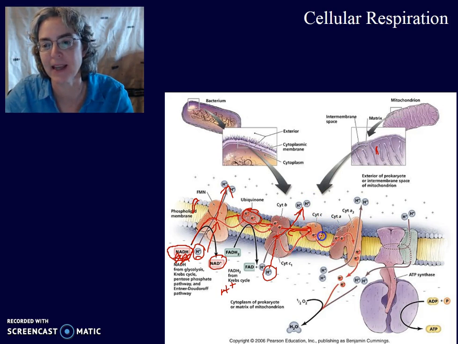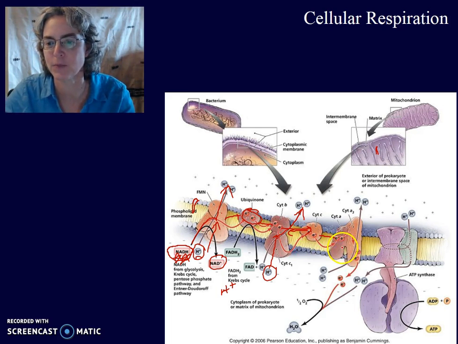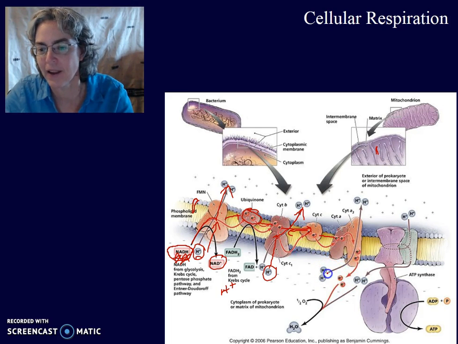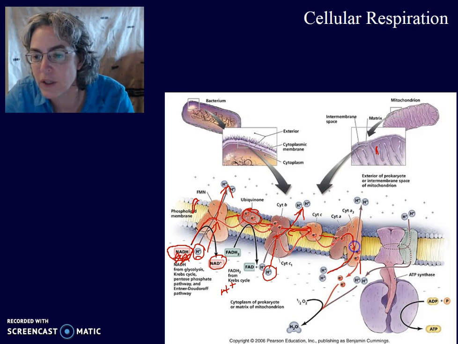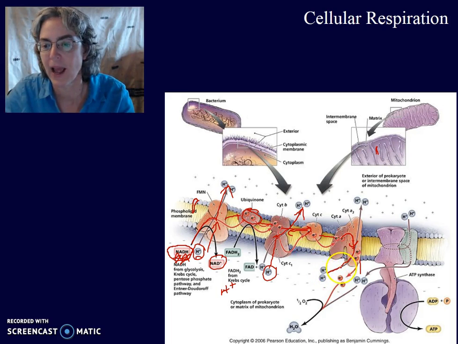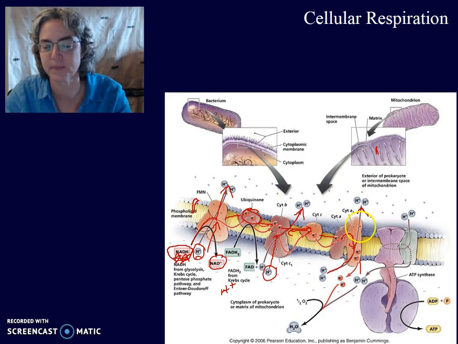And here it happens again. So the electrons get transported to the next protein, and here's our hydrogen ions being attracted to those negative charges, and boom, those electrons go to the next protein, and the hydrogen ions get transported across.